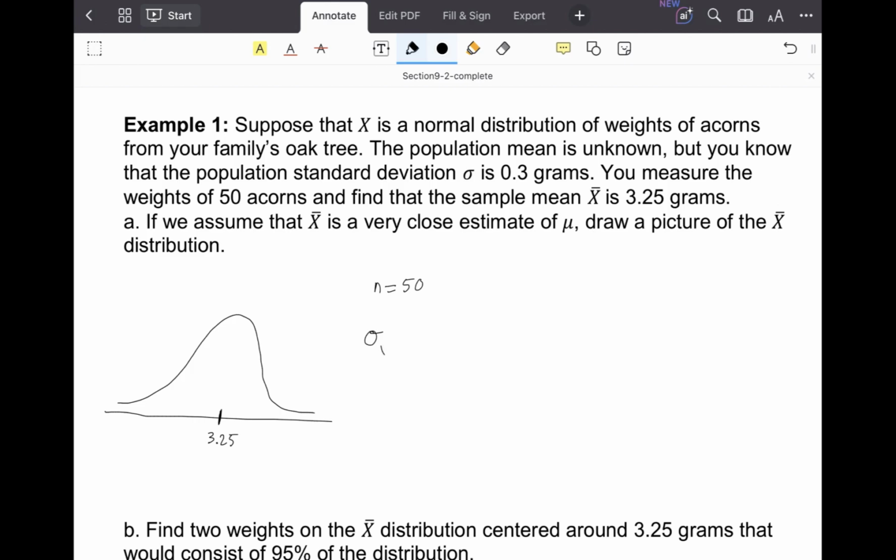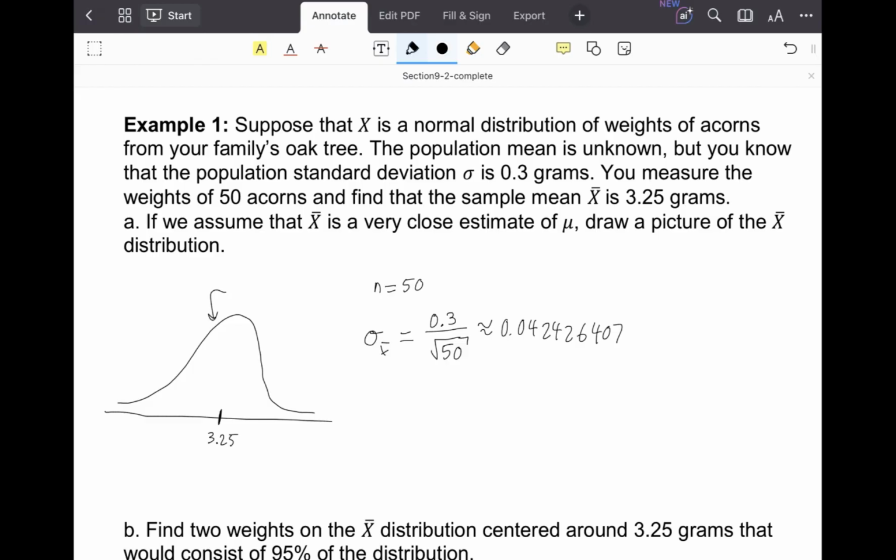And n is equal to 50. So the standard deviation would be that 0.3 divided by the square root of 50. I plug that in the calculator and it gives me 0.042426407.